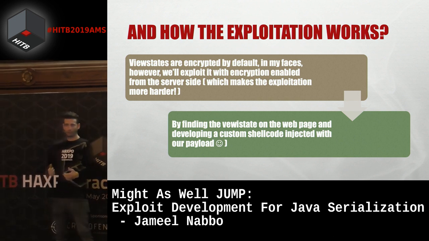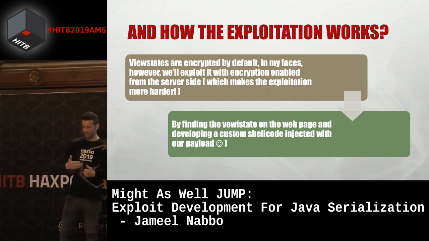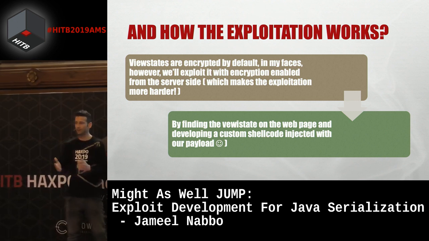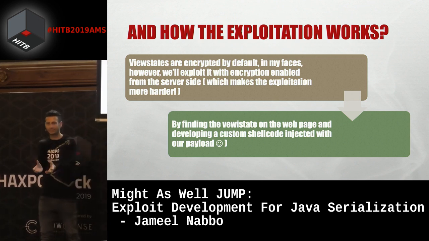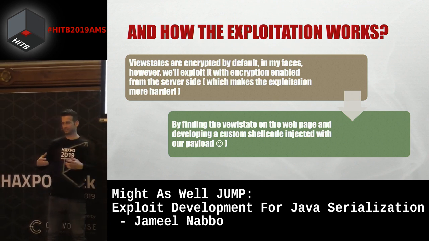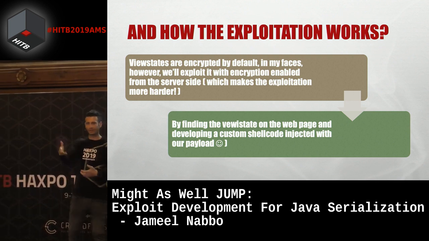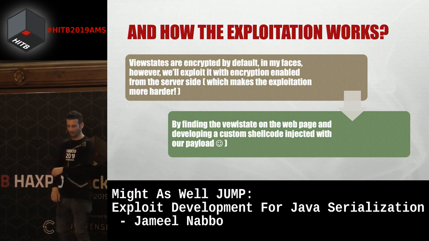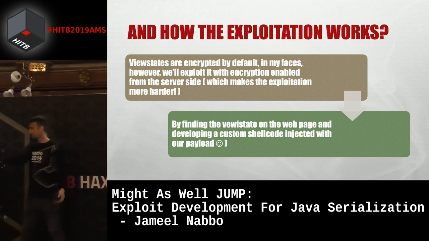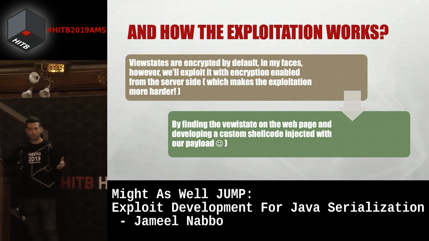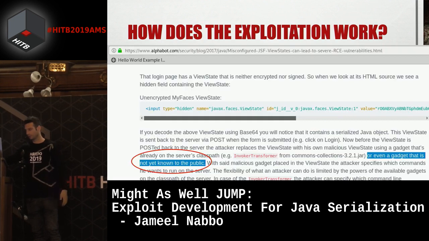But the problem with injecting a shell code, once we say a view state is really encrypted, is that you have to play around on the server that you generated this view state, and this is the one that you generated, and then I will execute my command on the server side. Basically, we just need to find the view state and the secret key and generate that payload.